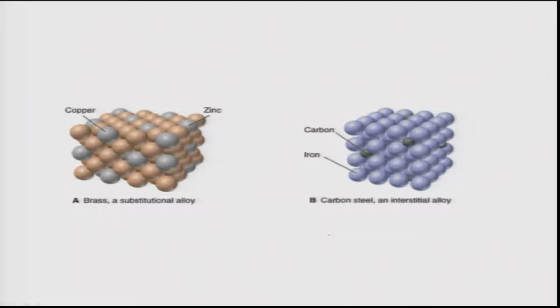To show you a 3-dimensional crystal structure and how atoms are arranged, this is a solid solution known as brass. Brass consists of copper and zinc, and it can have different concentrations of zinc in copper. You see here the zinc atoms, which are grey, have replaced some of the copper atoms, which are shown as yellow. Similarly, on the right side I am showing a BCC structure of iron, and carbon atoms are shown as small dark atoms sitting in the interstitial positions.